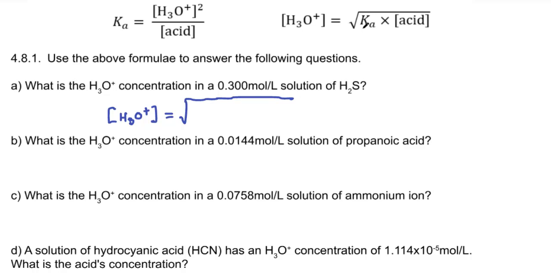H2S is about halfway down the second page. It's a relatively weak acid, and its acid constant is 8.9 times 10 to the minus 8, according to the 2010 Alberta Ed data book.